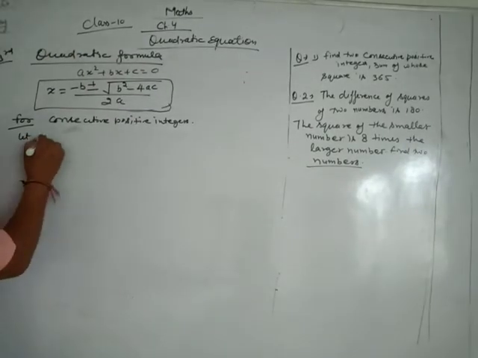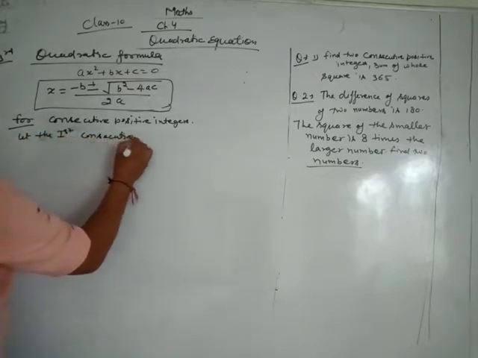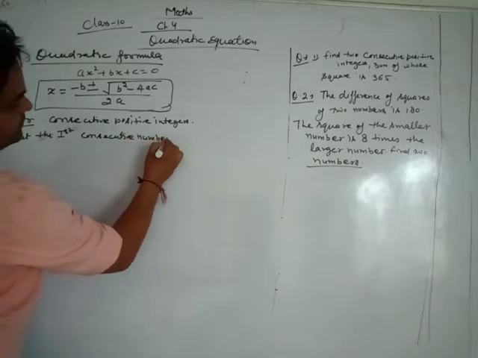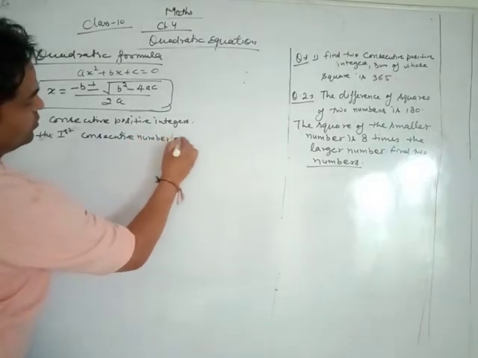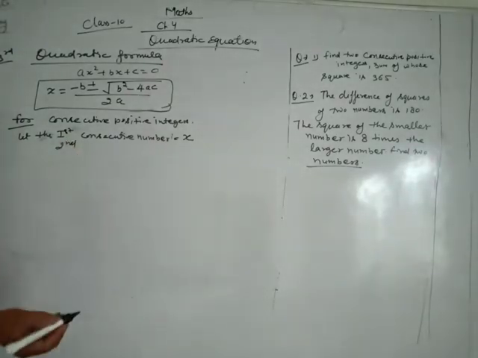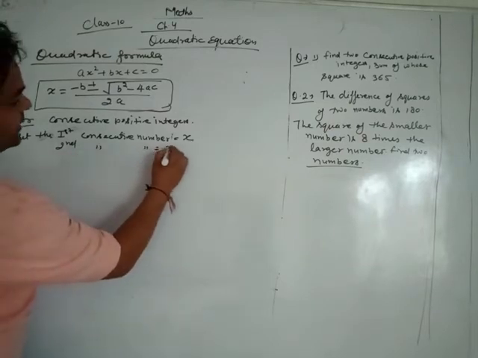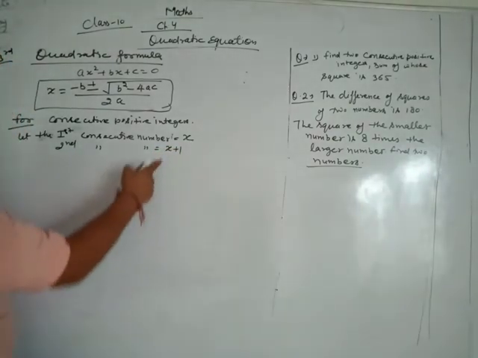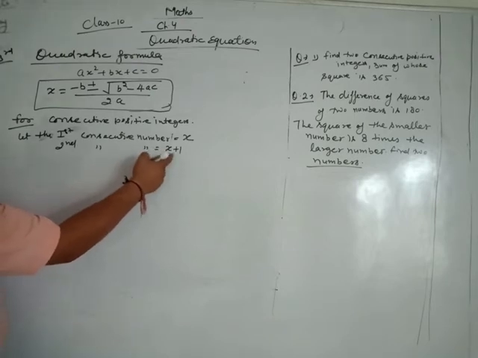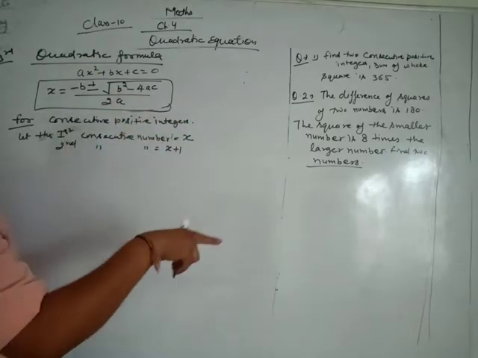Let the first consecutive number be equal to x, and the second consecutive number equal to x plus 1. For even and odd the situation will change, because it will be x plus 2.